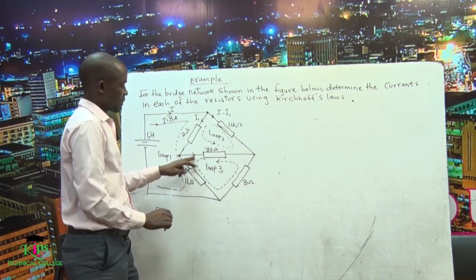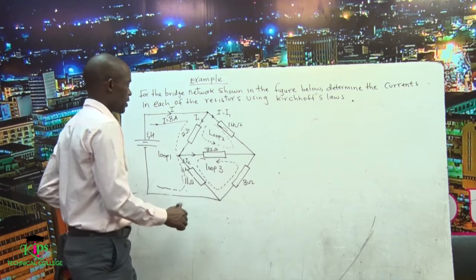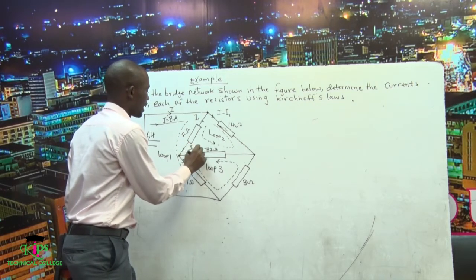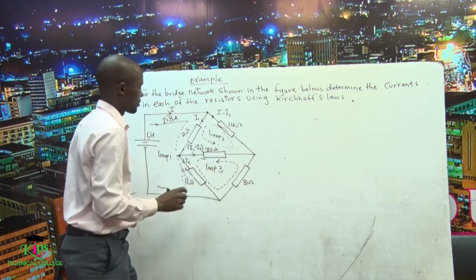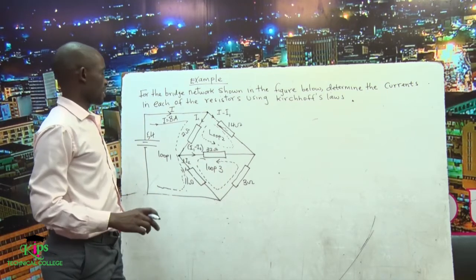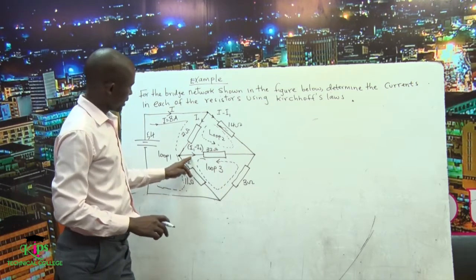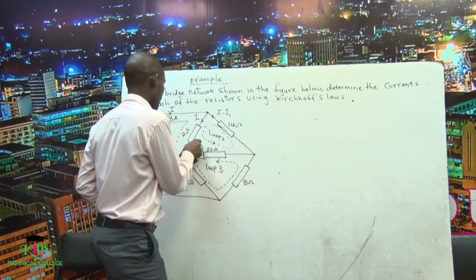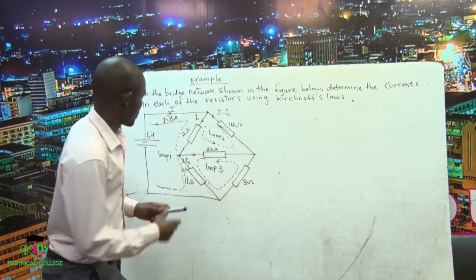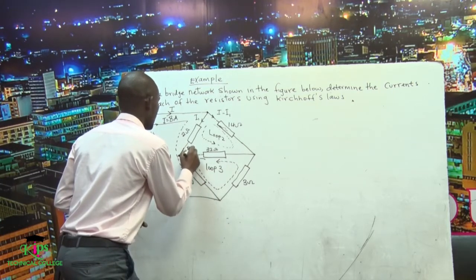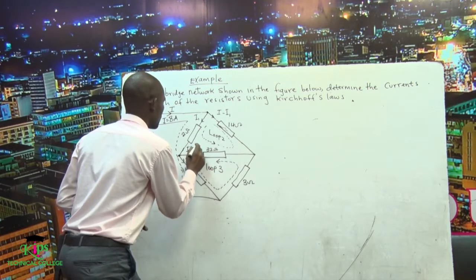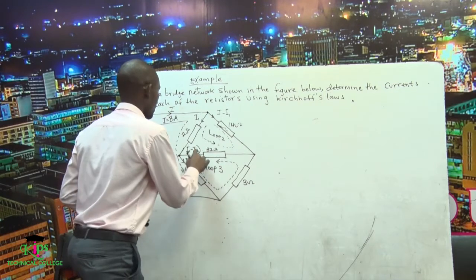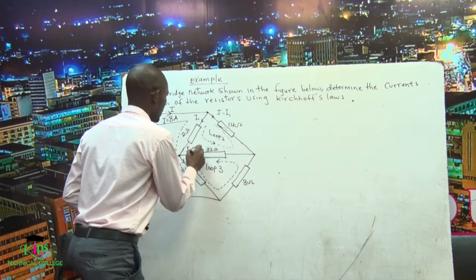So the current passing through this other resistor will be I1 minus I2. That is now the current that is passing through that other resistor. So this is the current that is passing through this resistor, I1 minus I2.